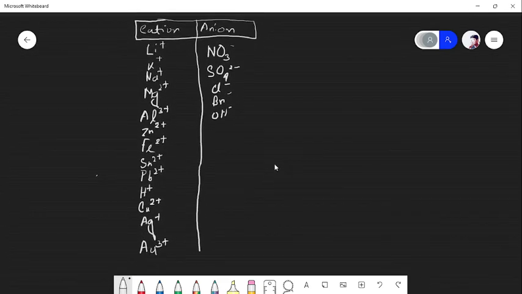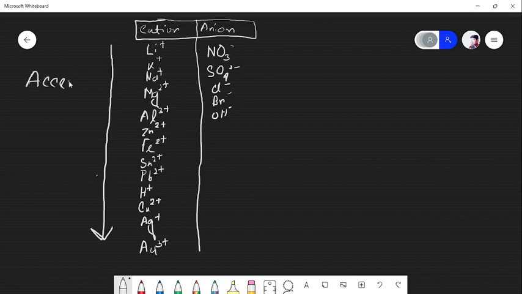So first, we need to look at this. This is the reactivity series. This is the reactivity series of cations, and this is for the anions. For cations, if you go downwards in this reactivity series, it tends more to accept electrons.